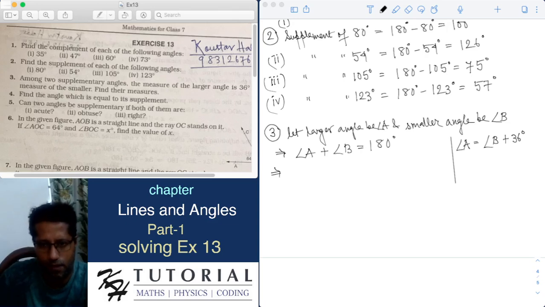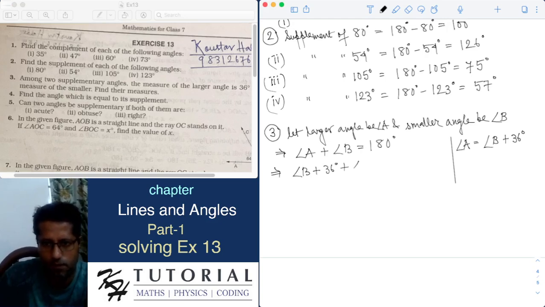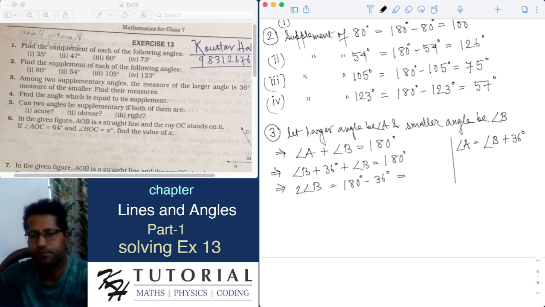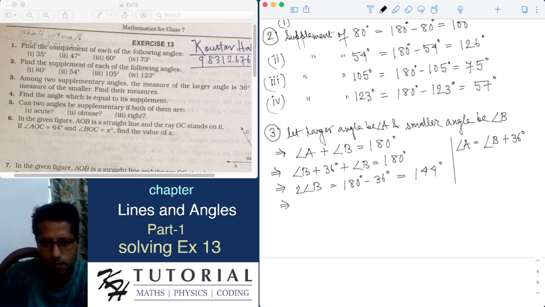So this implies we have angle B plus 36 degree plus angle B equals 180 degree. So twice of angle B is equal to 180 degree minus 36 degree, which is 144 degree. So angle B is equal to 144 degree by 2, that is 72 degree.